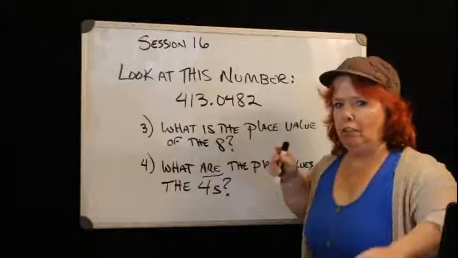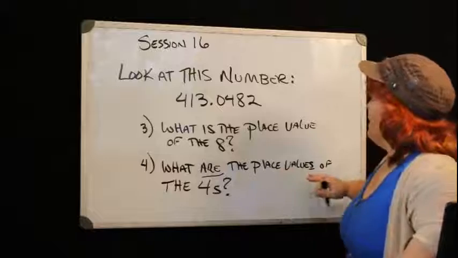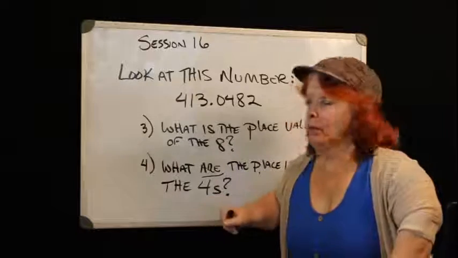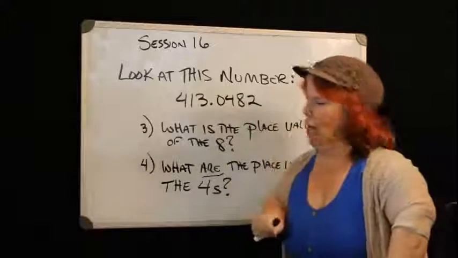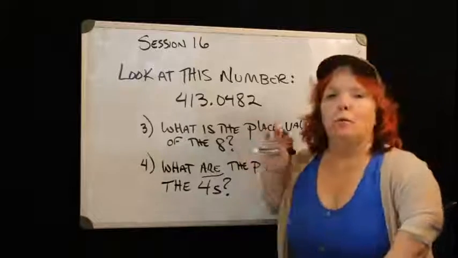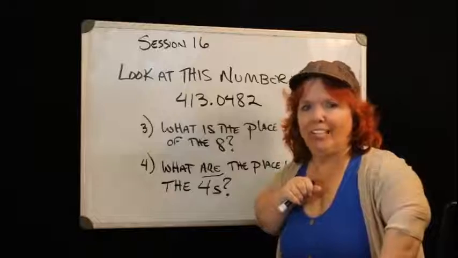Look on your chart, the one that I gave you last week. And then what are the place values of the 4s? There are two 4s in the number, so you should have two answers to this question. Put your answers down in the comments, and we will go over it next week.